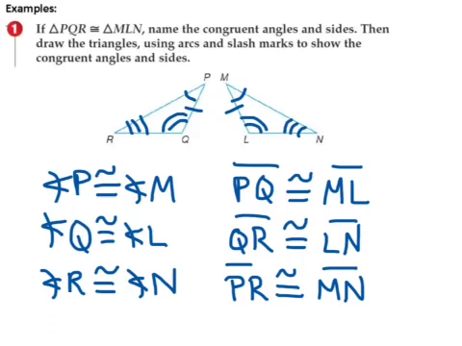Also making sure that we list this in our diagram. So QR, LN will list with 2 slashes. And finally, PR will list with 3 slashes and MN with 3 slashes.